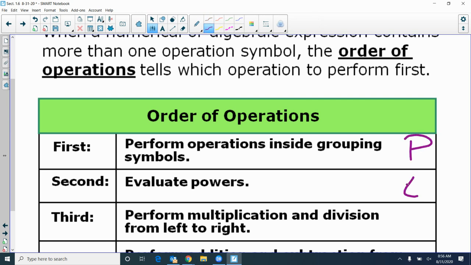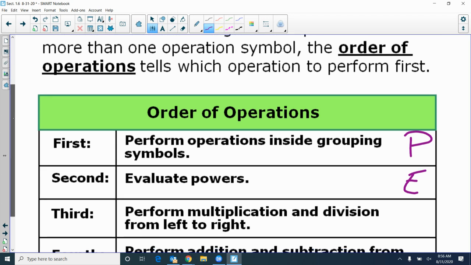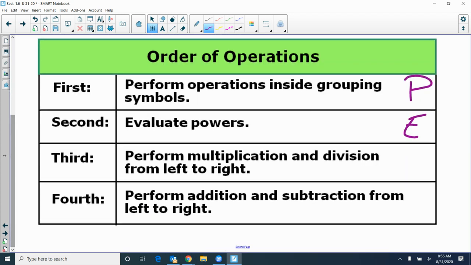So parentheses, exponents. PEMDAS, I have M and D next. What is that going to mean, Colin? Multiplication and division. There you go. That's what I want to look for. Third. And then fourth, perform addition and subtraction. So I'm going to have my A and S there.